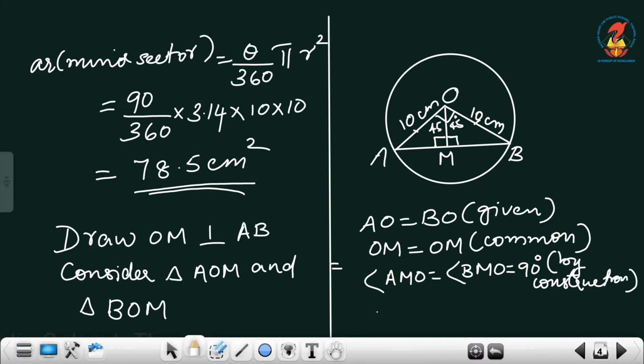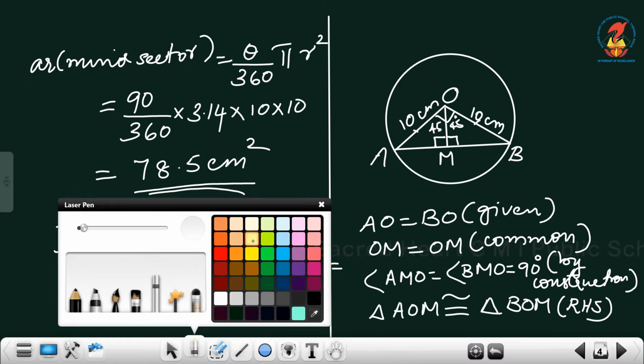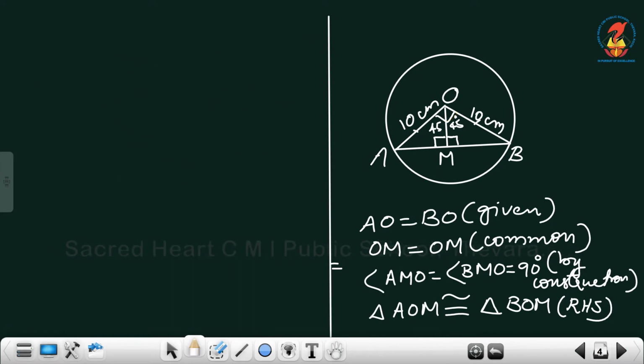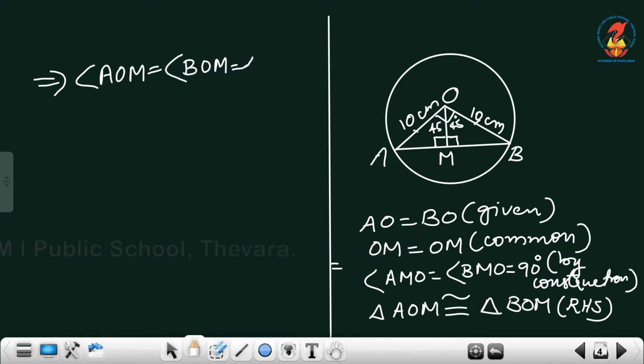So, what we can say, triangle AOM is congruent to triangle BOM using RHS criterion. If these two are congruent, we can say these two angles are equal, which is equal to 45 degree each, because it is given that it is 90 degree. This implies angle AOM is equal to angle BOM is equal to 45 degree using CPCT.